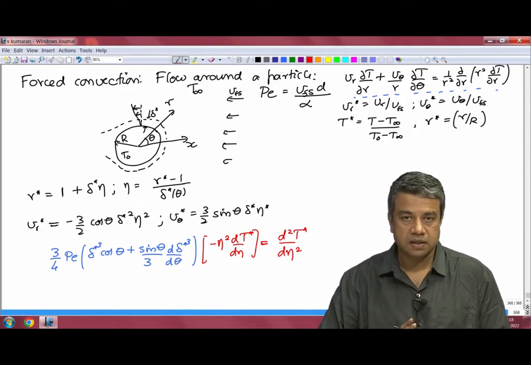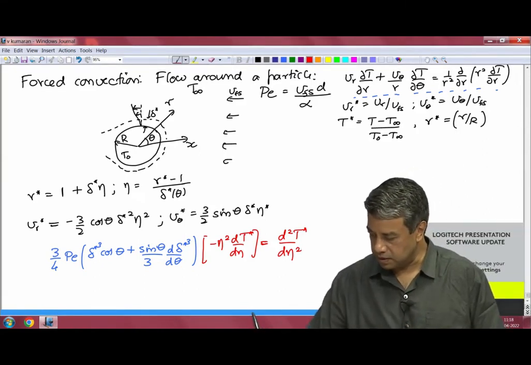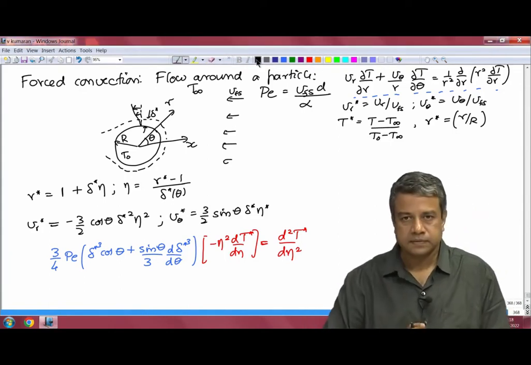This was the equation that we had got. In red are the temperature dependence on eta, and in blue is the boundary layer thickness dependence on theta.